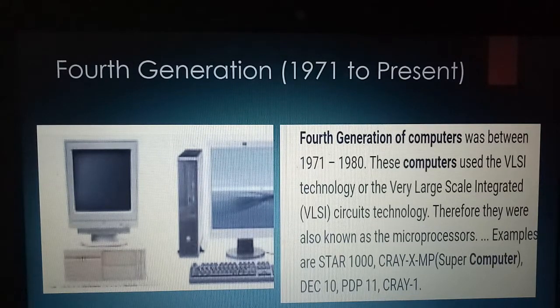So now many ICs can be pulled up into one small chip known as the microprocessor. Examples given here are Star 1000, Cray XMP supercomputer, DC10, TP11 and Cray 1.